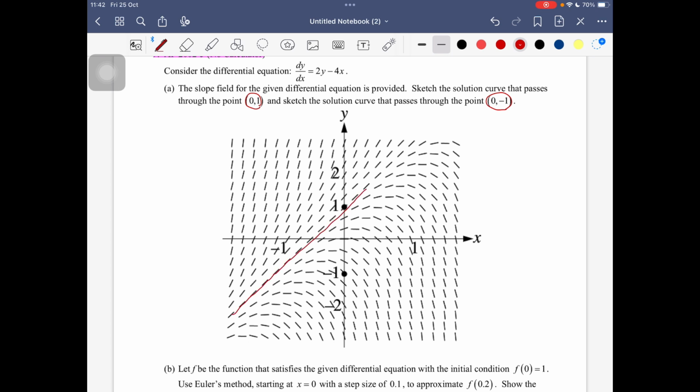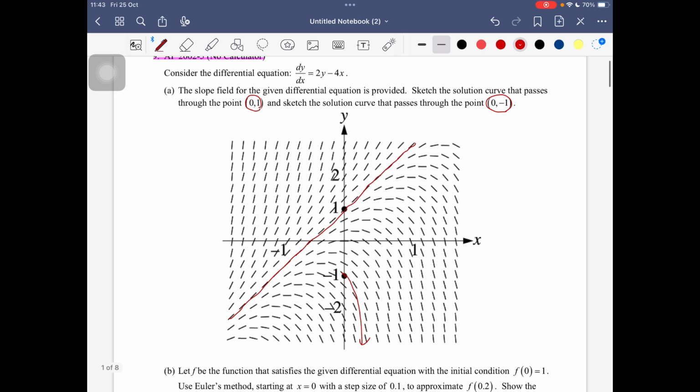It seems it is a linear function, as we follow the pattern. And from (0, -1), it seems to go down on the right side, getting steeper, and the left side is a little bit more flat.